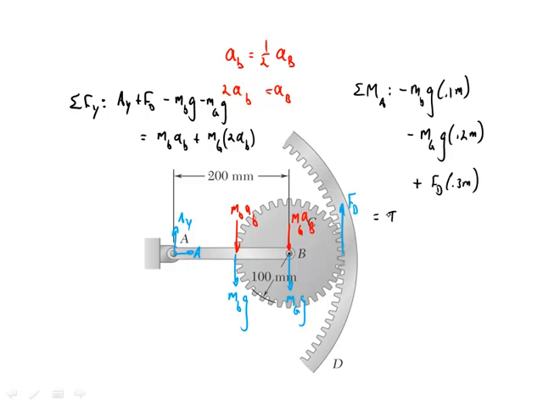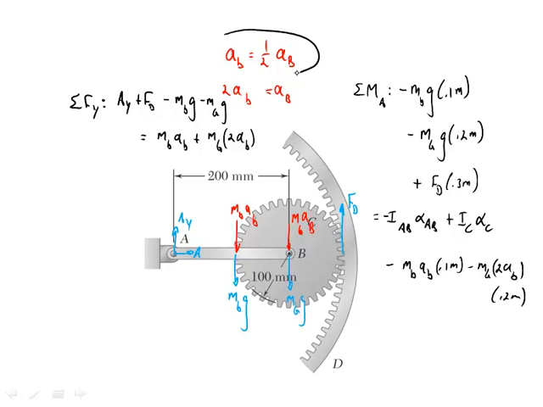And all of that's going to equal I_AB times alpha_AB plus I of gear C times alpha_C minus m_b a_b times 0.1 meters minus m_g twice a_b times 0.2 meters. And those are the systems of equations that I can then solve out. One quick change, this has to be negative there. And that should be about it.